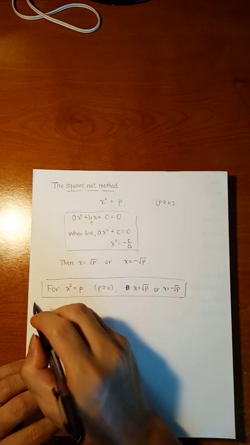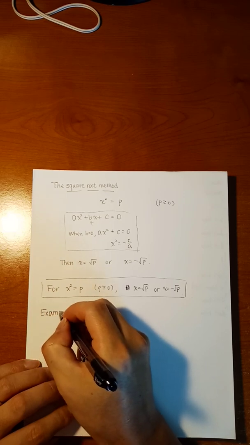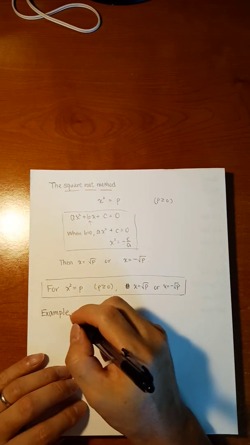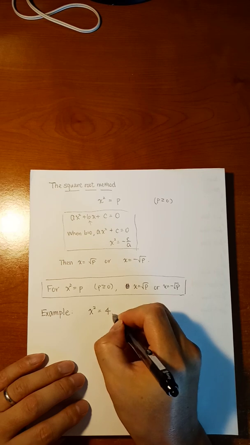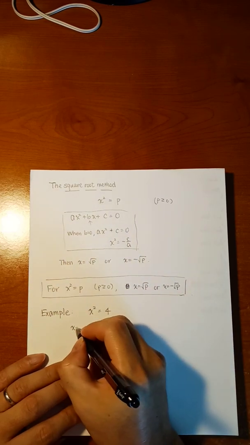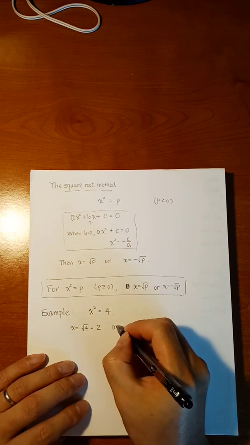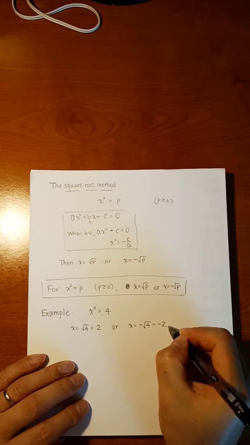For example, if you have x squared equal to 4, then x is square root of 4. Square root of 4 is 2. This is a simple number. Or x is negative square root of 4, which is negative 2.